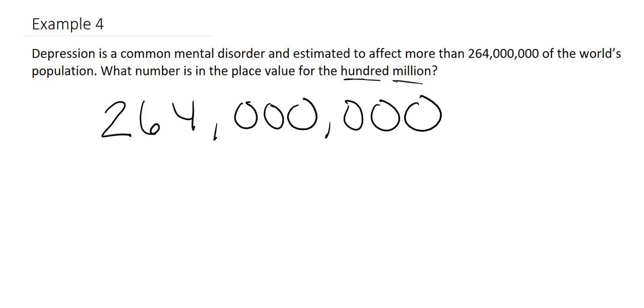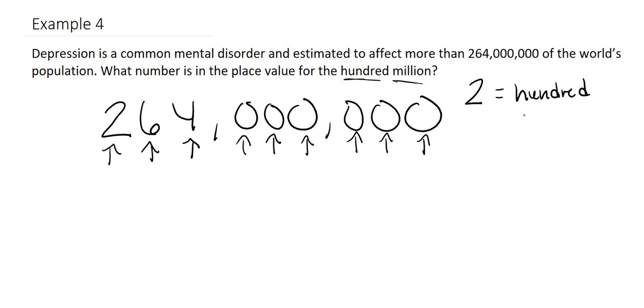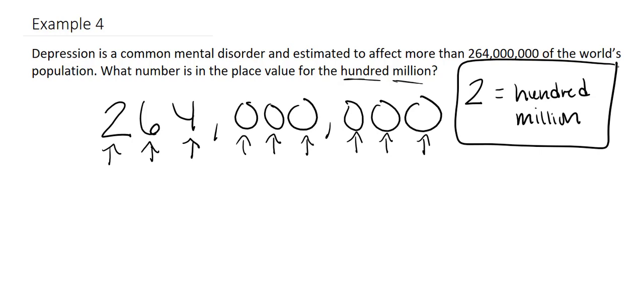We start on the far right: ones, tens, hundreds, thousands, 10,000s, 100,000s. We have a comma, so we know we're now going to millions. But we need 100 million, so we keep going. We have 10 millions, and then our 100 millions. So the 2 is our 100 million place value. Our answer would be the 2.